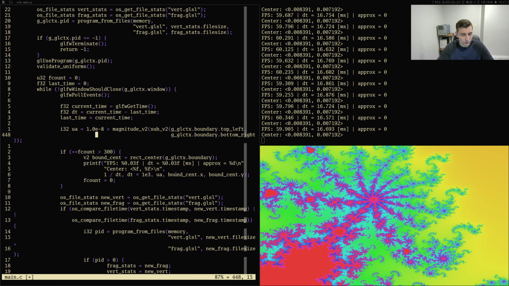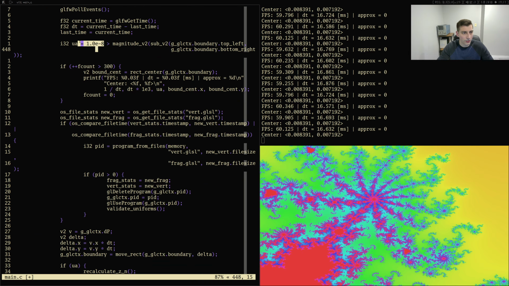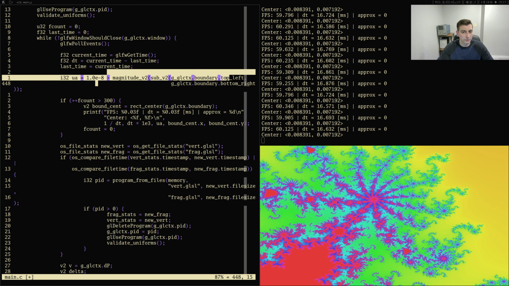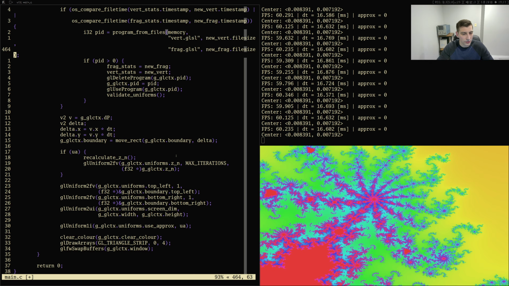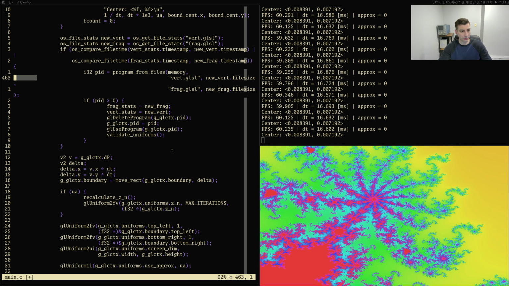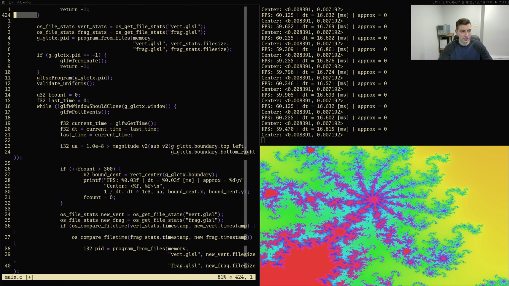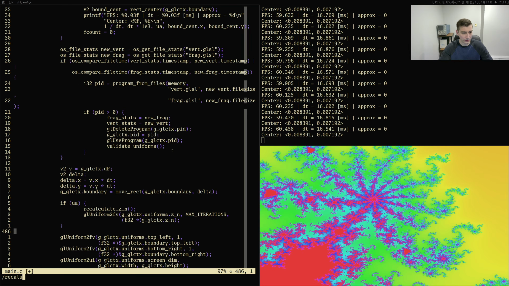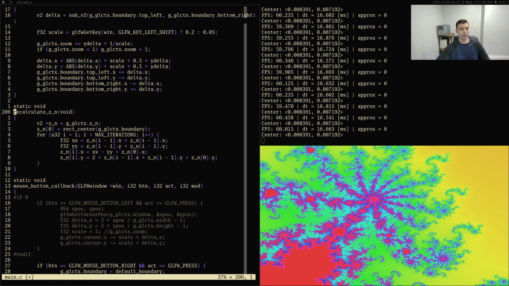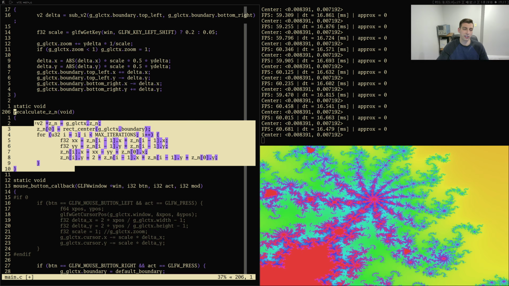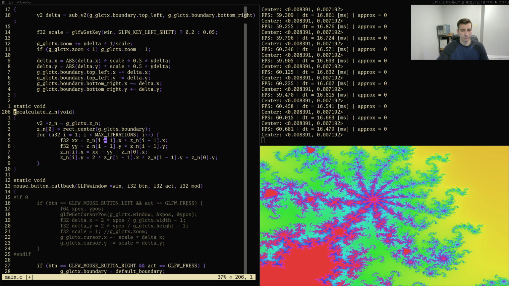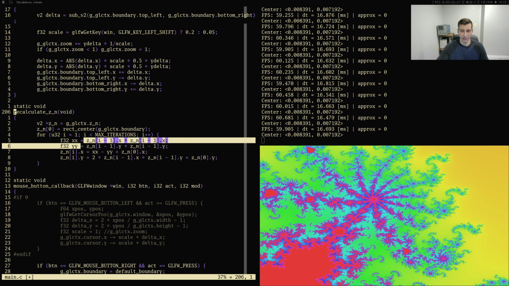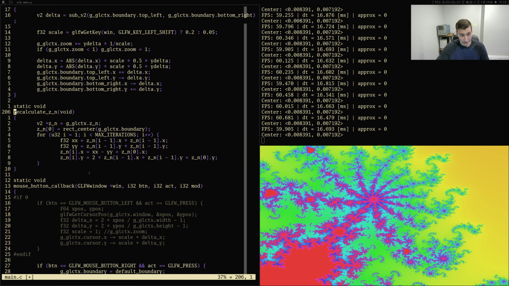We can't really see what's going on with this approximation here, but basically, where do we recalculate Zn? When we go to use this approximation, we pre-compute all the Zn values near the center of the screen, and then we send those to the GPU so that the GPU can just sample from that array.